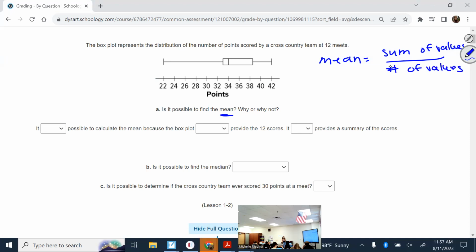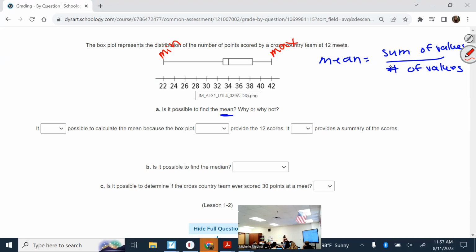So am I able to find the sum of the values in a box plot? No, because box plots really only show us that 5-number summary. They show us things like the minimum here, or my maximum. What else do box plots show me?